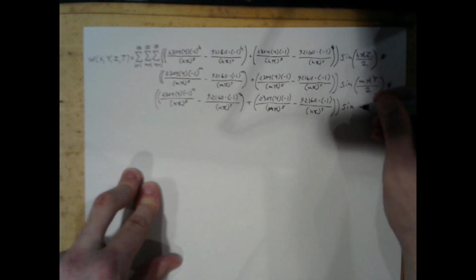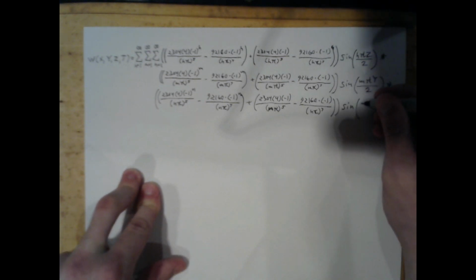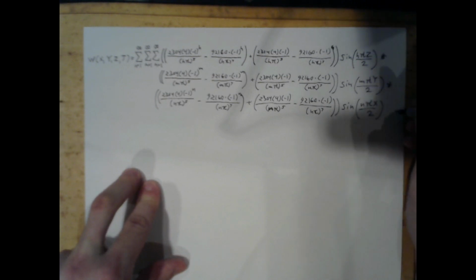And you can see why usually we use computers to do this kind of stuff. N pi x over 2.